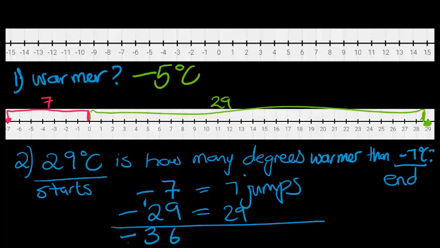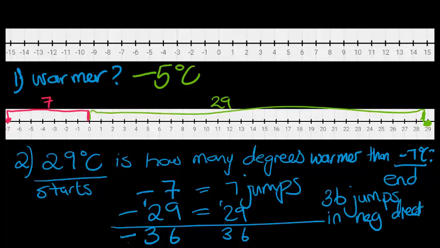So my answer technically is negative 36. That means it is 36 degrees in the negative direction, meaning we're getting colder. From 29 to minus 7 is 36 hops.